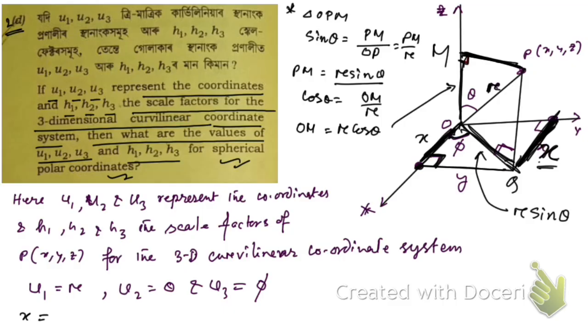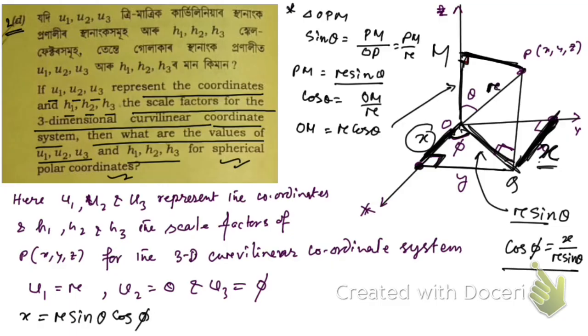So from this triangle we have cos phi is equal to this x by the hypotenuse. For this triangle, the hypotenuse is OQ, which is nothing but r sine theta. So therefore the x coordinate will be equal to r sine theta cos phi, right? Hope you have understood this.